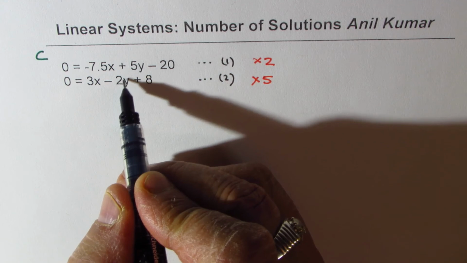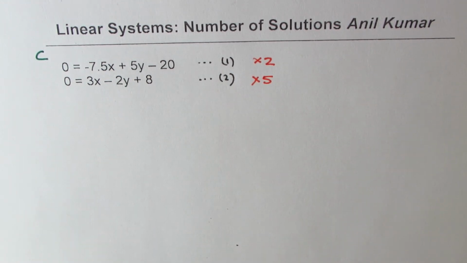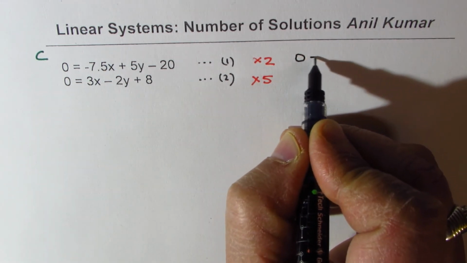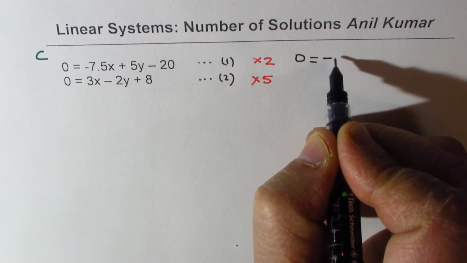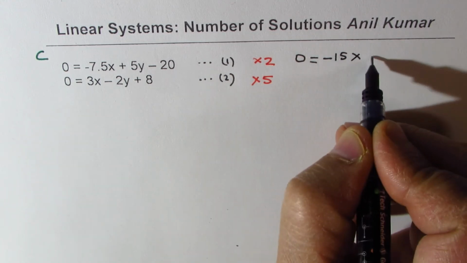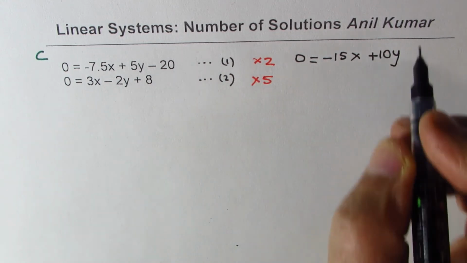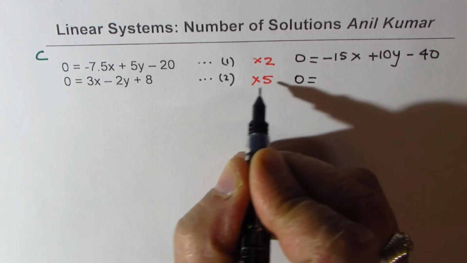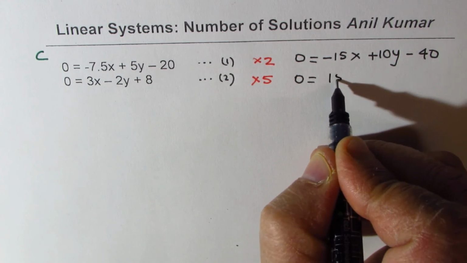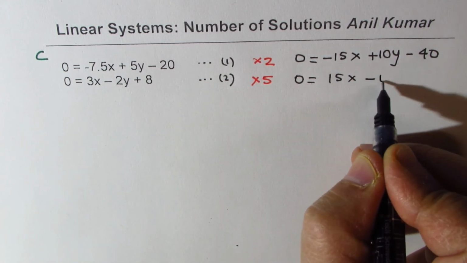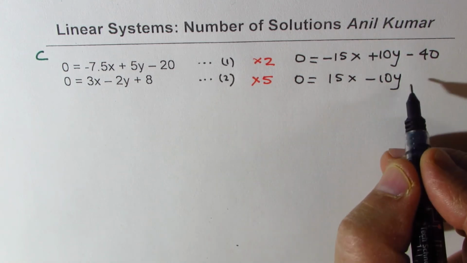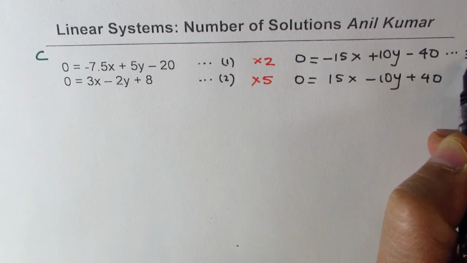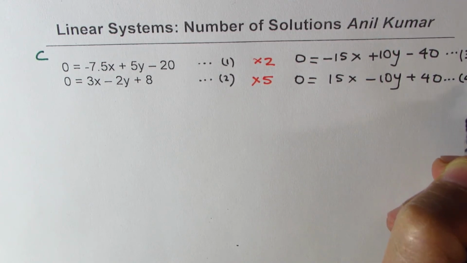That will make the coefficients of y exactly the same, 10. So let's do it. 2 times the first equation, we get 0 equals minus 15x plus 10y minus 40. And for the second equation, times 5, we get plus 15x minus 10y, and 8 times 5 is plus 40. Let's call these equation number 3 and equation number 4.